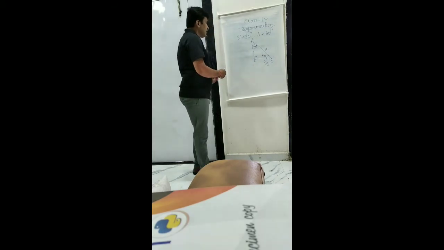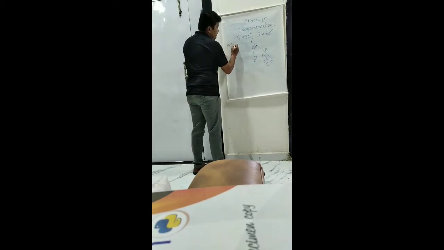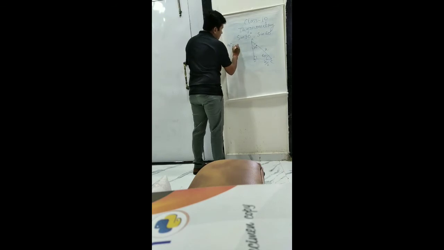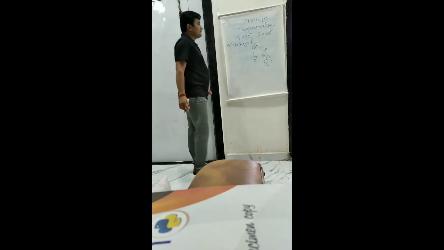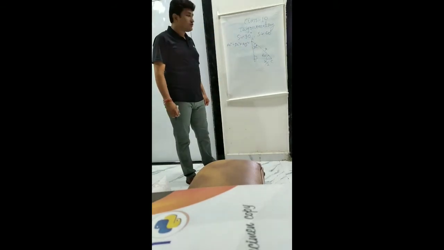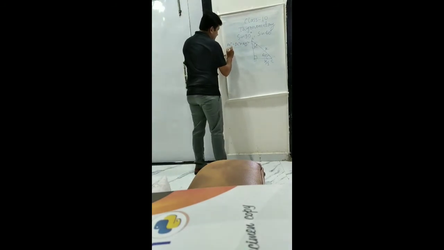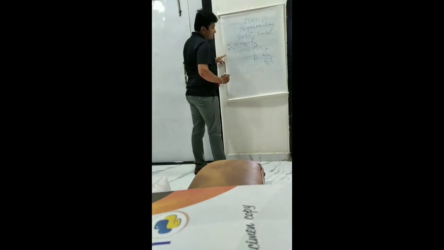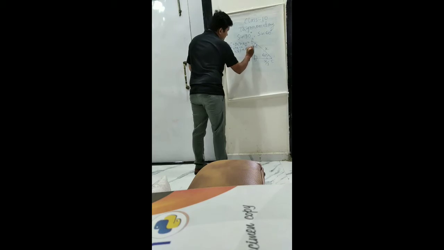Pythagoras theorem. The Pythagoras theorem is that the square of hypotenuse equals the square of base plus the square of perpendicular. So here, I have used this Pythagoras theorem, and AC length is x, so x square equals DC is x by 2, so x by 2 whole square, plus AD square.